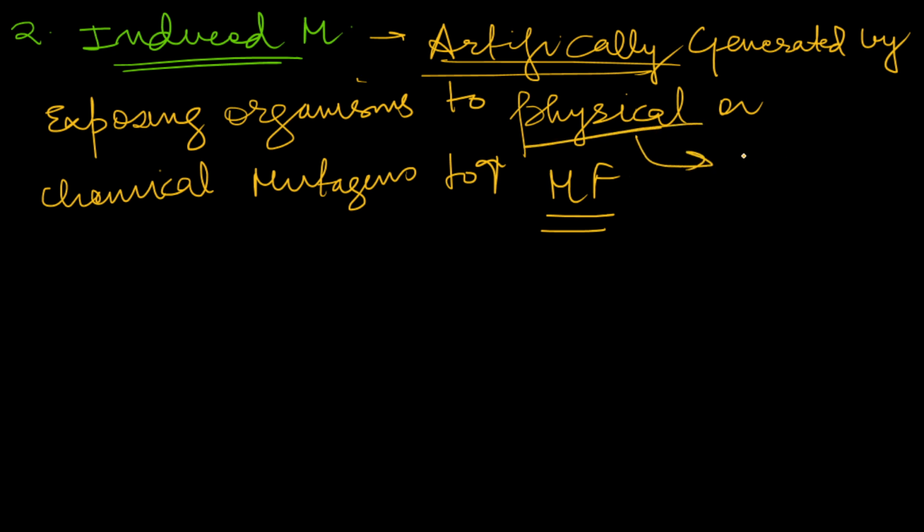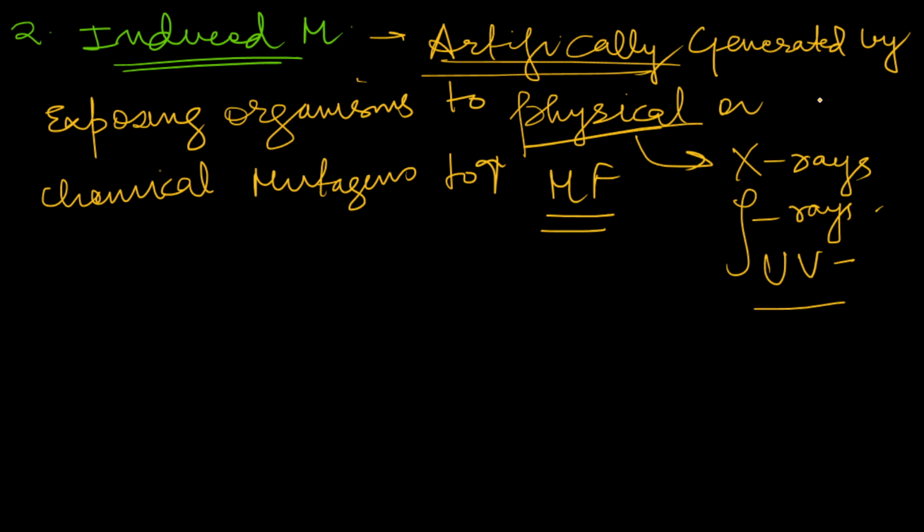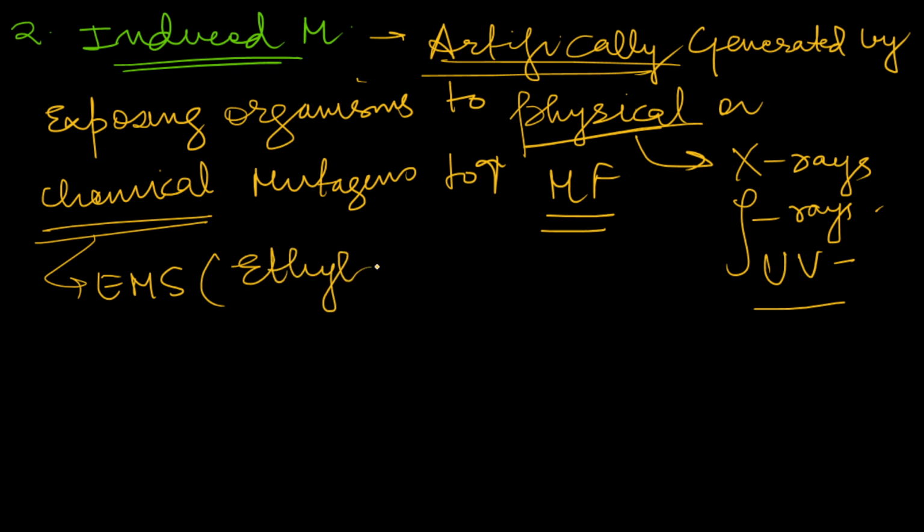For example, X-rays, gamma rays and UV rays. All the rays will come under physical mutagens. When it comes to chemical mutagens, there are certain chemicals such as EMS, which is ethyl methane sulfonate.